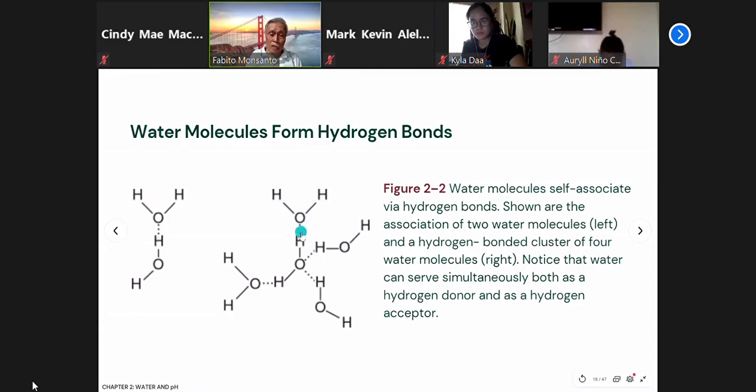And these are hydrogen bonds, these dotted lines. Okay? Because of that, it has the power to solvate, meaning dissolve other molecules. Okay.